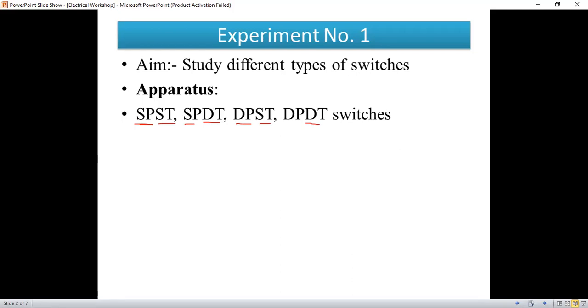Poles refer to the controlling done by that switch. SP is single pole, so it will control a single pole. Then DP, having a double pole, will control two poles, so the pole refers to the controlling by that switch.